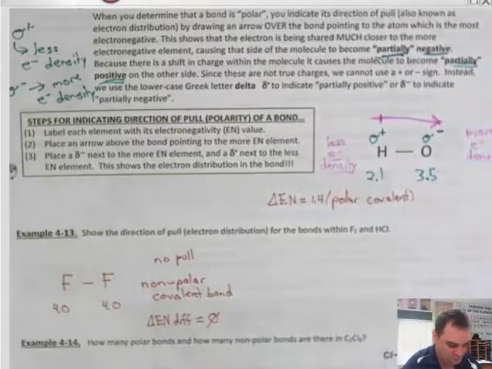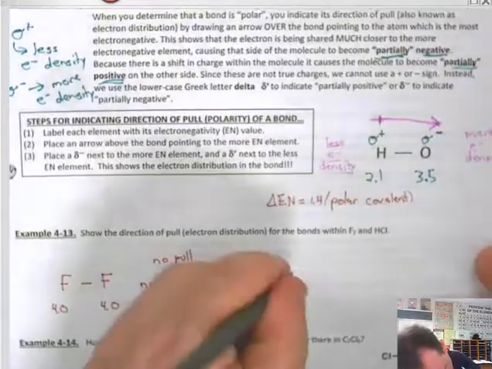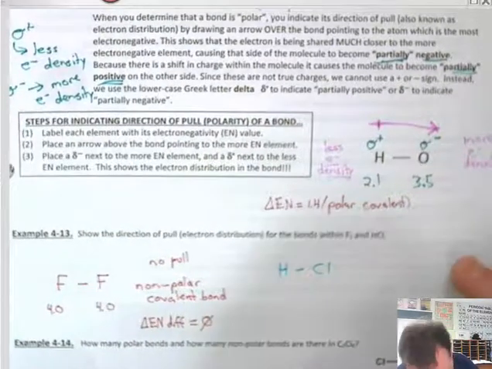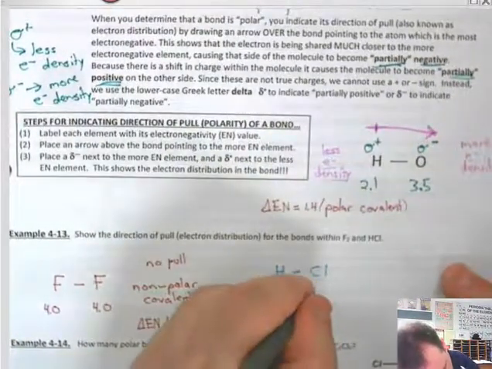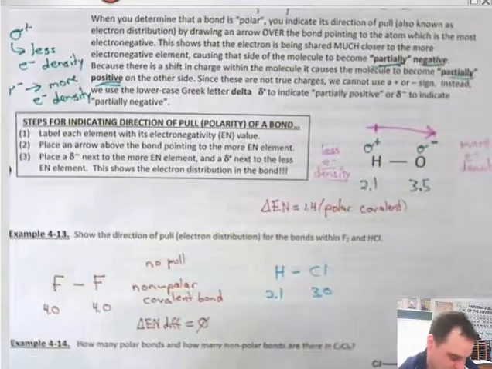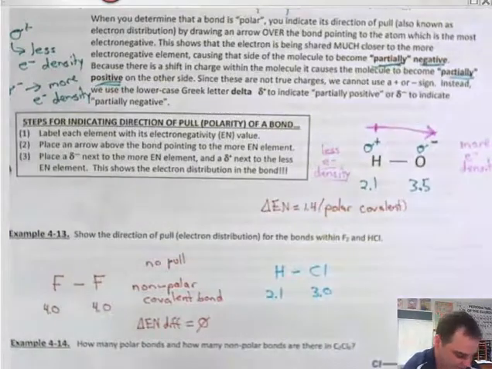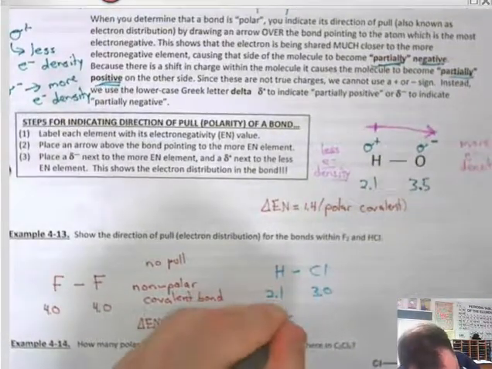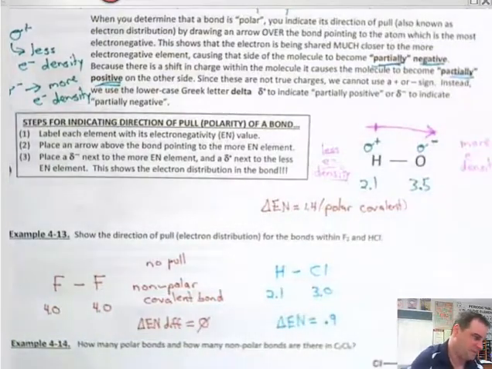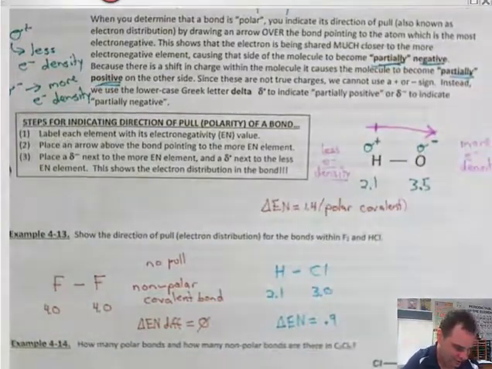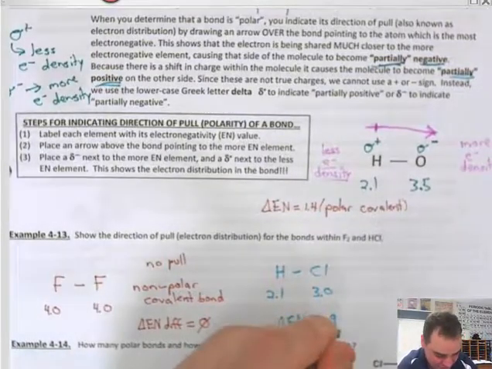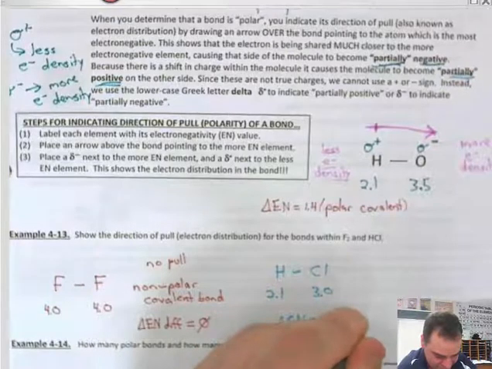Now let's look at HCl. The electronegativity of Cl is 3.0. The electronegativity of hydrogen is 2.1. The electronegativity difference here is 0.9. 0.9 tells me this is a polar covalent bond.